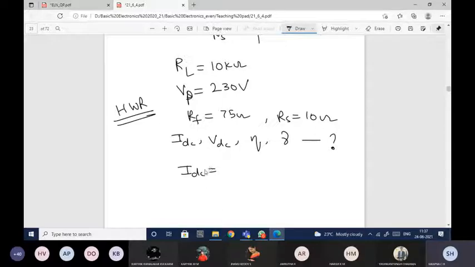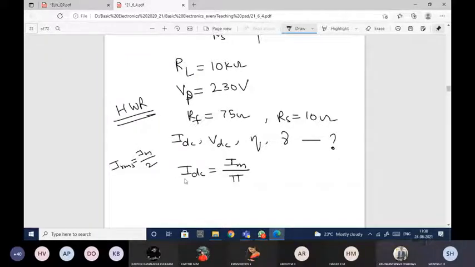That's why I was telling you people, you have to remember the equations. IDC is IM by pi. IM by root 2 is not it. That is IRMS. IRMS is IM by 2.